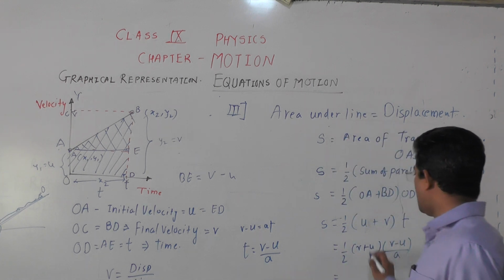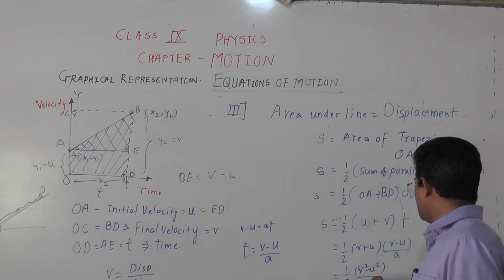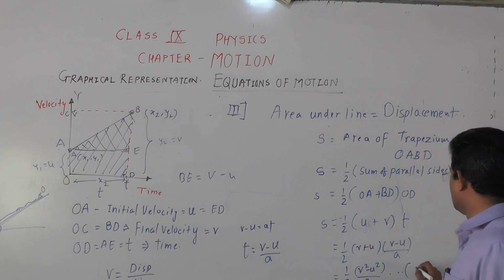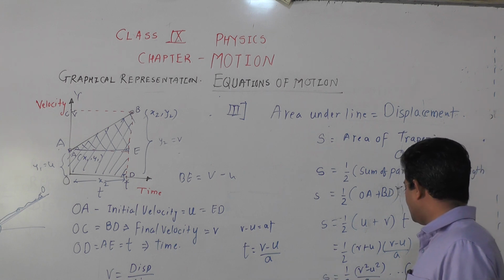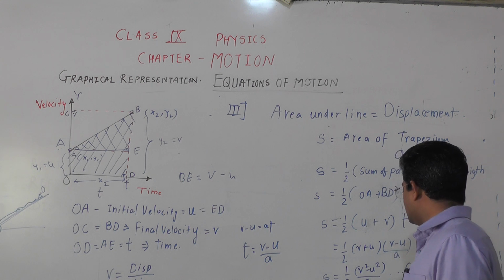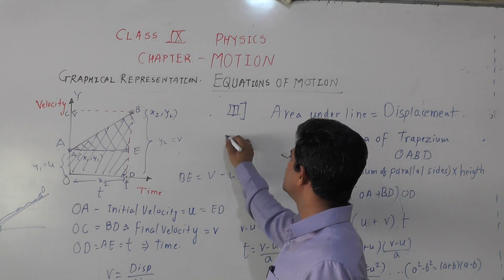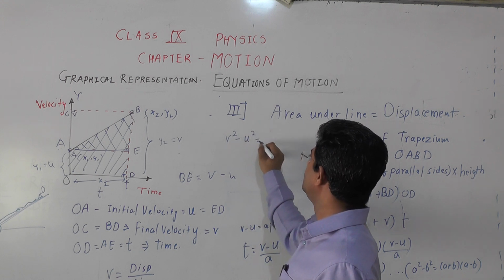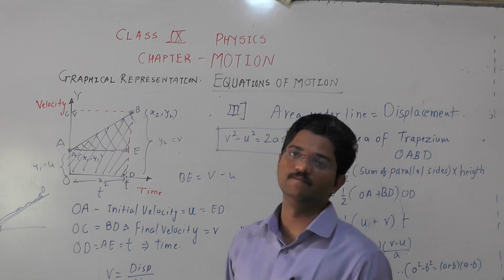Using this formula, I can write this as V square minus U square upon 2A. Rearranging the terms, I will take this 2A to the other side, so it becomes 2AS is equal to V square minus U square, and this is nothing but our third equation of motion. By rearranging, we can write it as V square minus U square is equal to 2AS. So this is the third equation of motion.